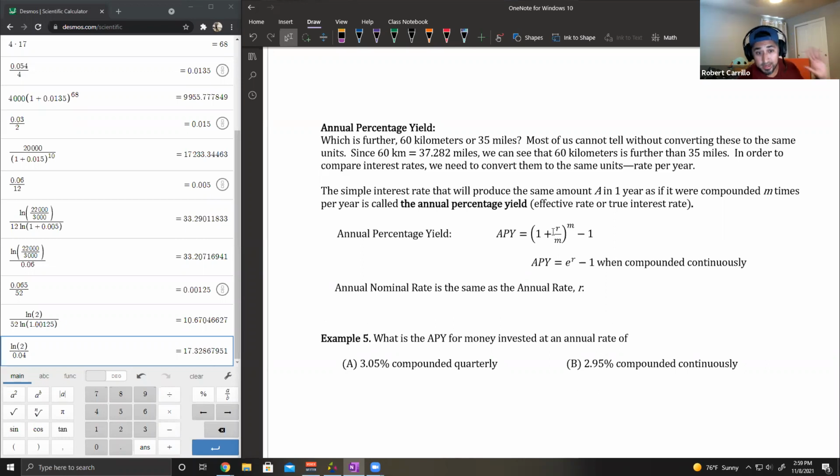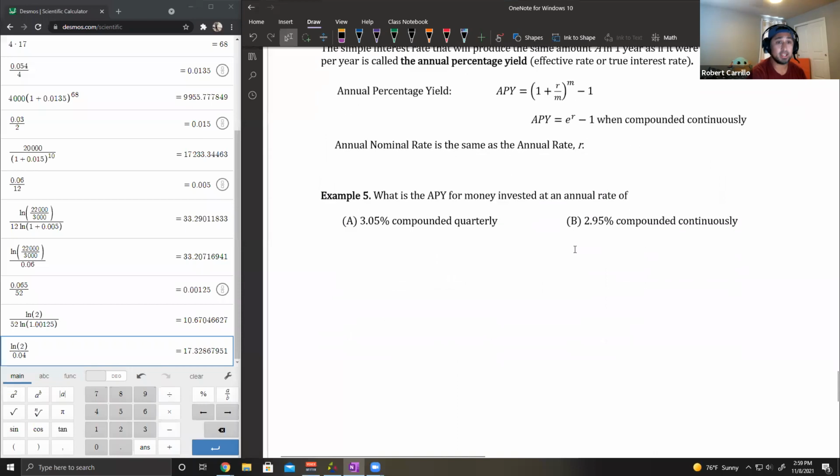And if you were given an APY in continuous compoundings, it would be given by e to the r minus 1 when you compound continuously. This is the annual nominal rate, and it's the same as the annual rate R.